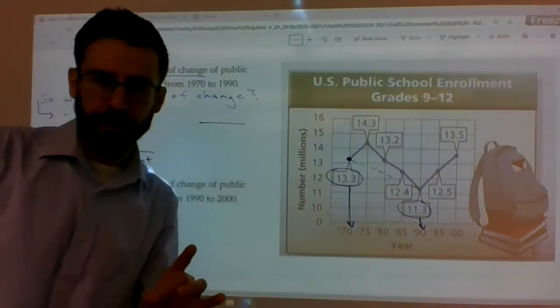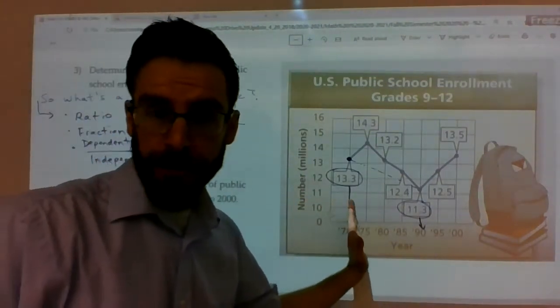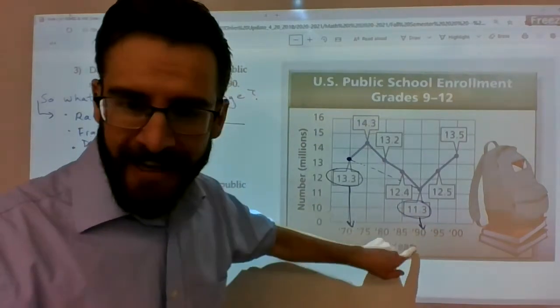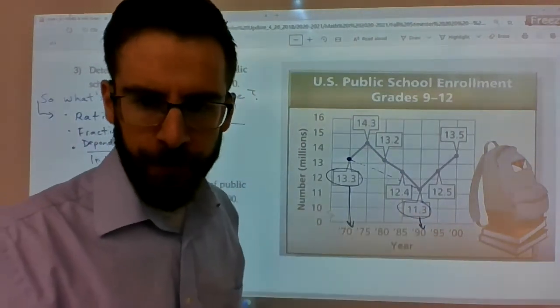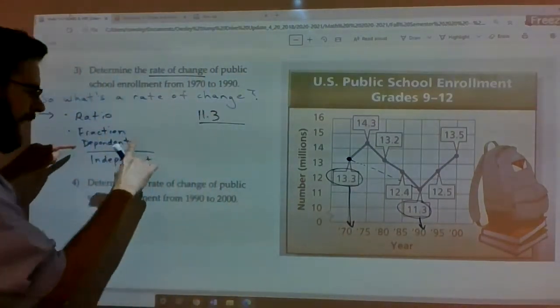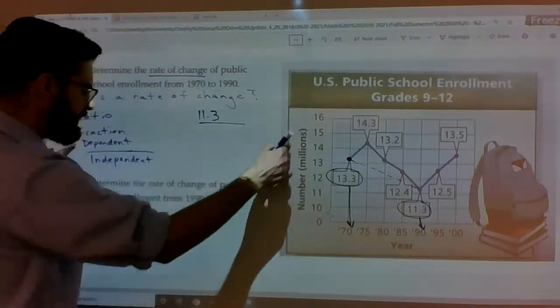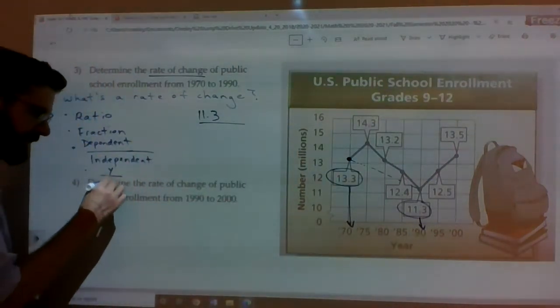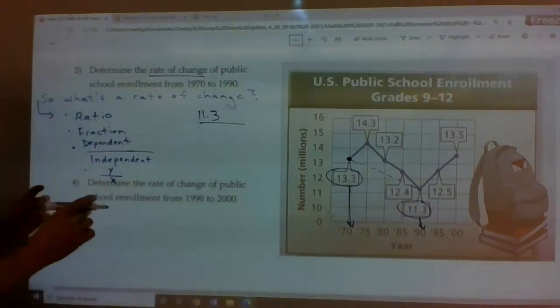So here's what you do. You say take the most recent ordered pair, so the one that's to the right, all right? Right here. 1990 corresponds to 11.3 million. We're going to put the 11.3 million in the top because this is going to be the dependent. The y's go on top, the x's go on the bottom, okay?